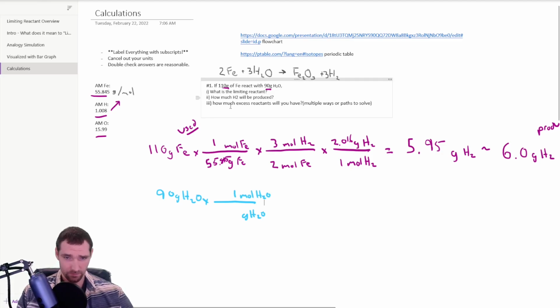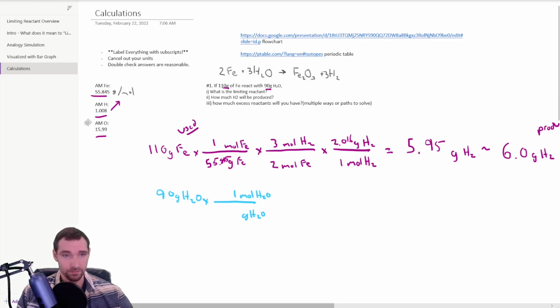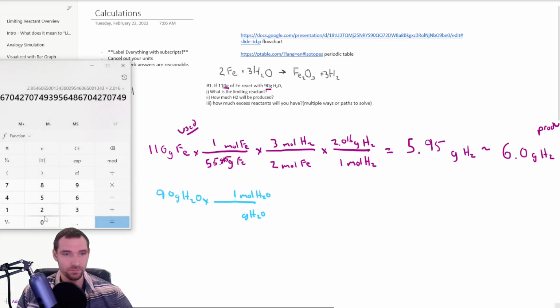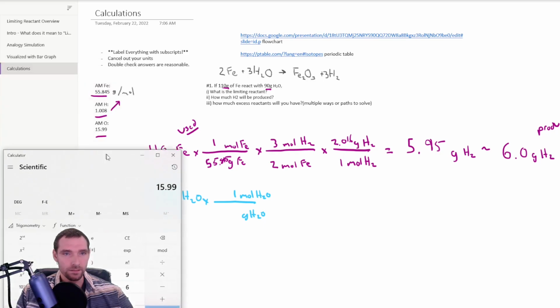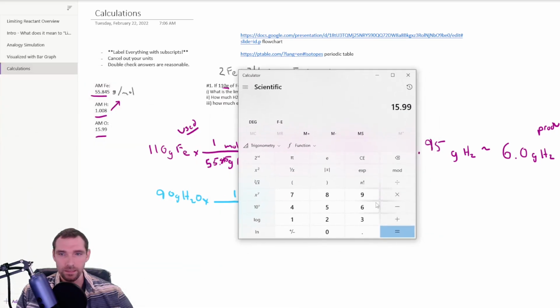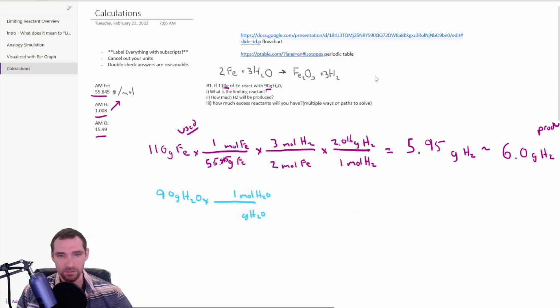So the weight for water is going to be 15.999 plus 1.008 plus 1.008. And so that was 18.015.